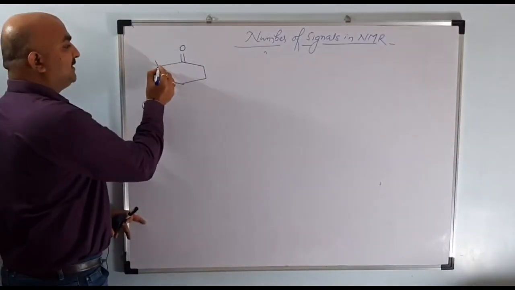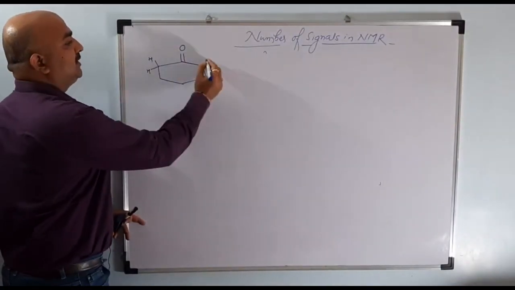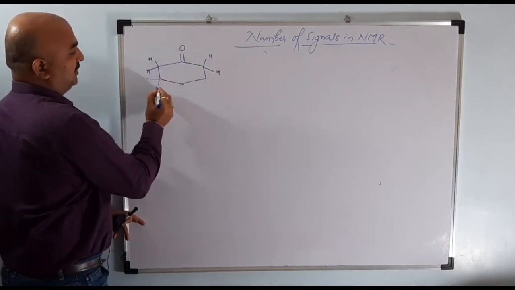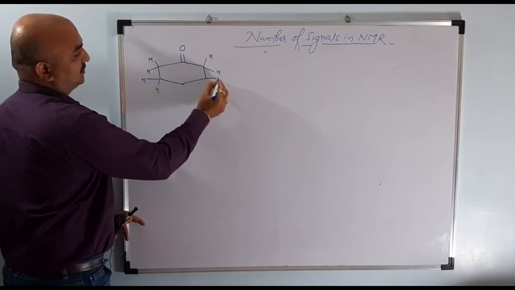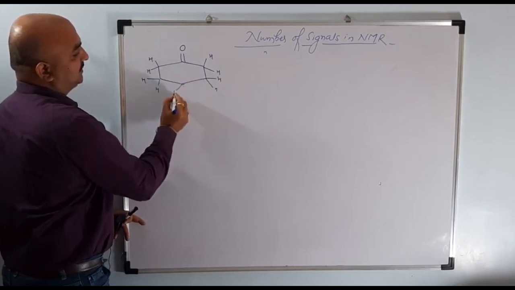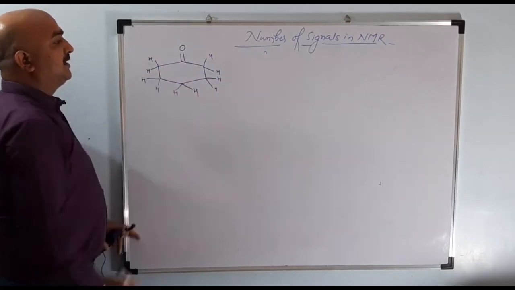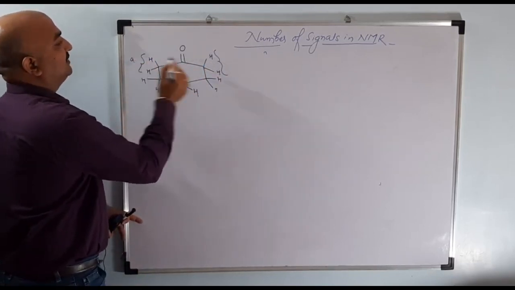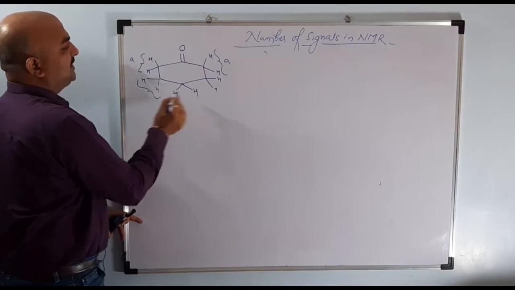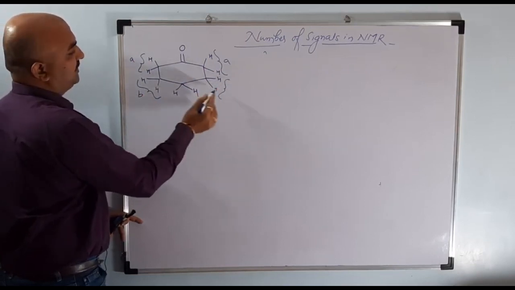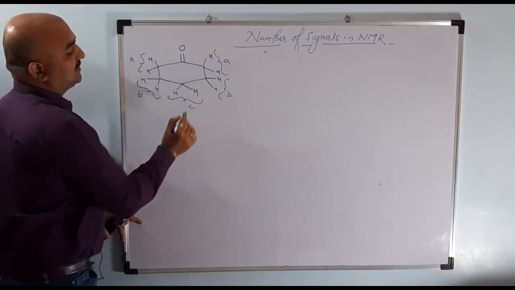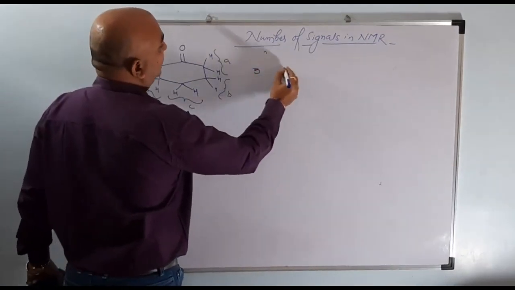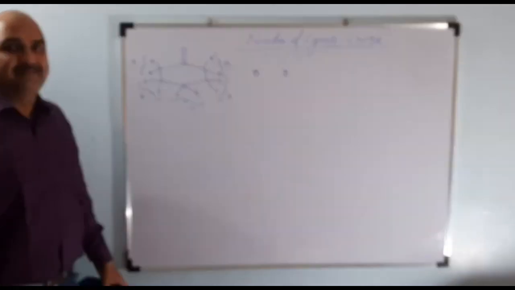See, there are two hydrogens over here, two hydrogens over here, two hydrogens over here, two hydrogens over here, and these are the two hydrogens. Listen, these two hydrogens are very close, so they are AA type. These are away, BB type. And this is the C. So how many signals will it give in NMR? Three sets of protons, so it will give three signals in NMR.